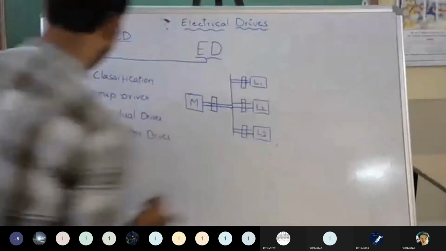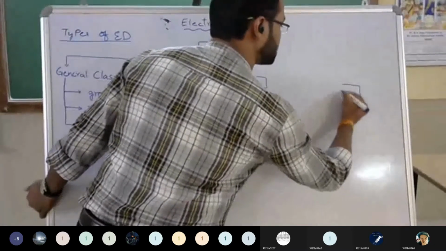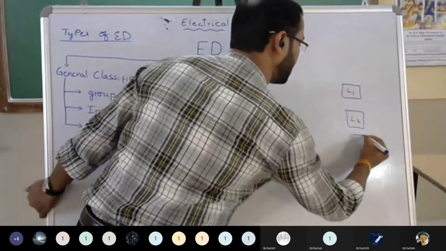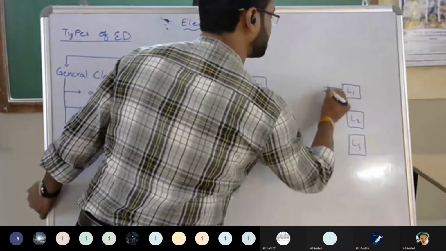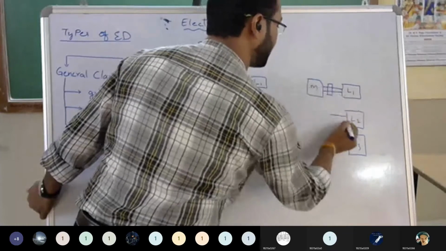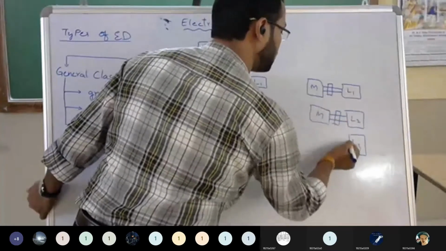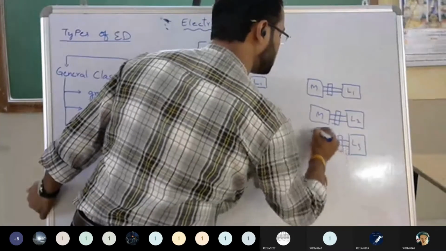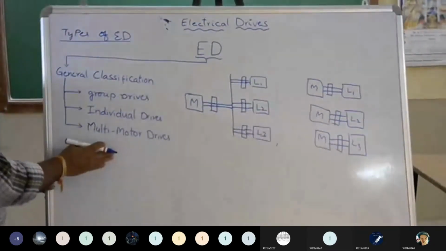And the second one is individual drives. Same thing: suppose we have three loads, L1, L2 and L3. For each load we have one motor. We have an individual load and an individual motor available, so this is an individual drive. Then coming to the multi-motor drive.